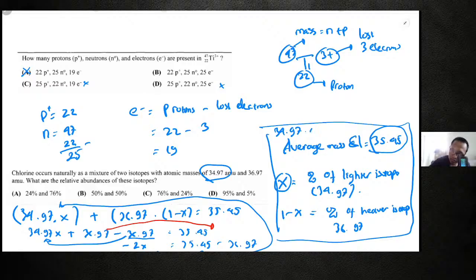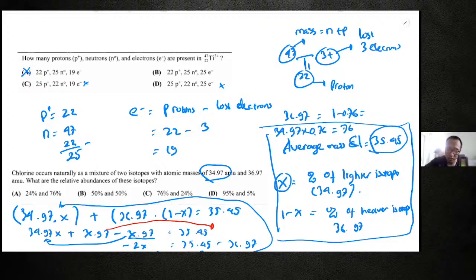34.97 times 0.76, and we add it up to see how much it is, it should be 76%. And for the other one, 36.97, it is very easy, just 1 minus 0.76.